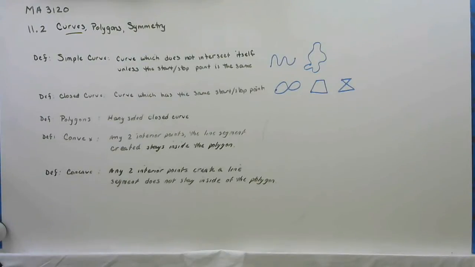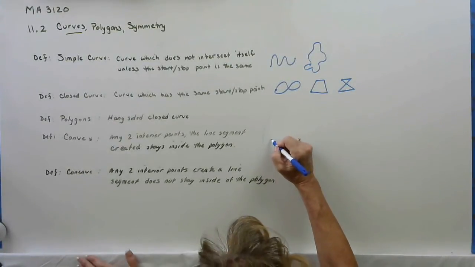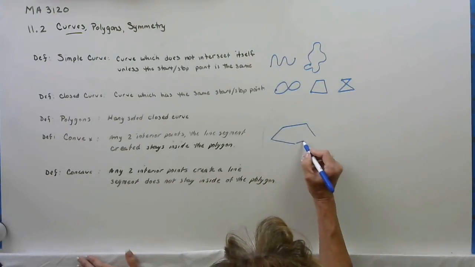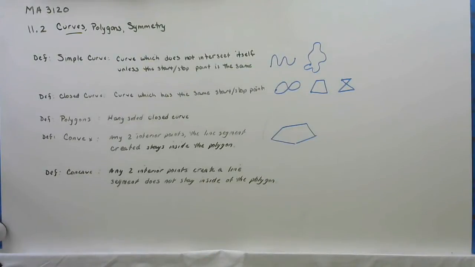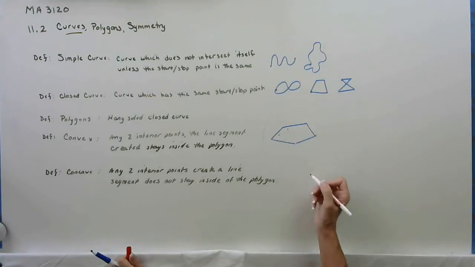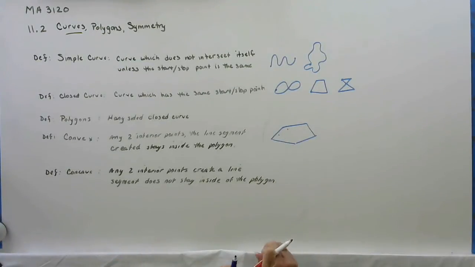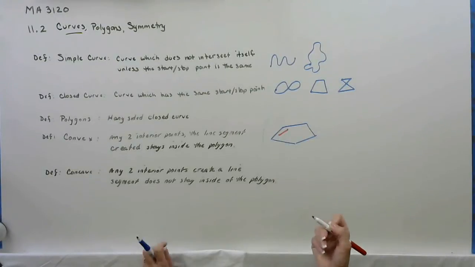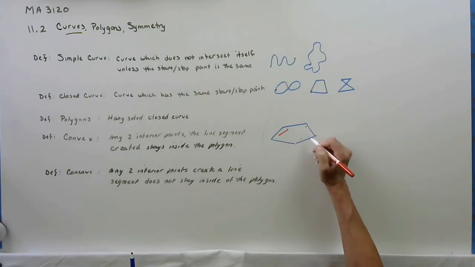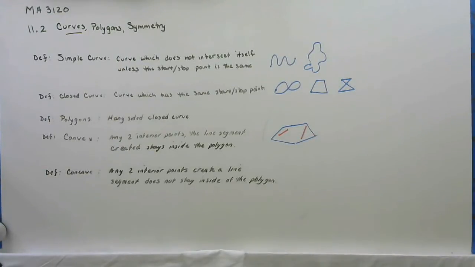So an example of a convex polygon might be to come around, come outside, where it doesn't matter what 2 points I choose. If I pick any 2 points within the polygon, the line segment stays within the polygon.